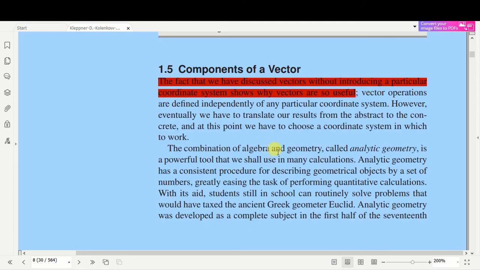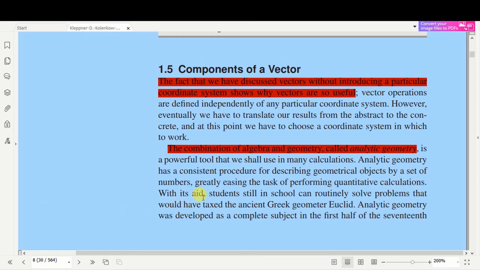The combination of algebra and geometry is called analytic geometry, and it is a powerful tool that we shall use in many calculations. Analytic geometry has a consistent procedure for describing geometrical objects by a set of numbers, greatly easing the task of performing qualitative or quantitative calculations.